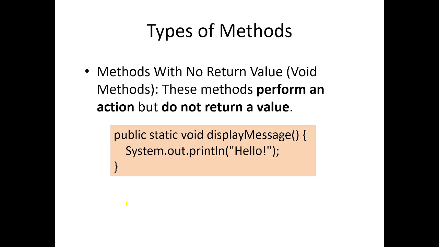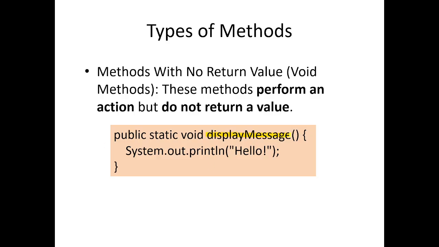In a void method, the structure performs actions but does not return a value. The example for this first type is the one that you learned during the previous class. You have public static void main, except that your method name is main. In the current slide, the method name is displayMessage.